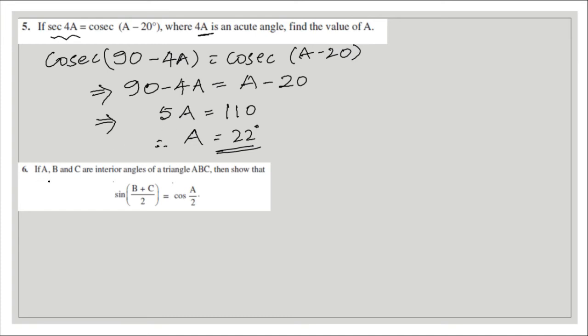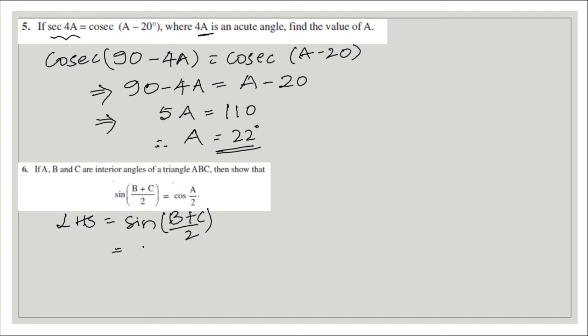Sixth question. If A, B and C are interior angles of the triangle ABC, then show that sine of (B plus C) by 2 equal to cos of A by 2. Now let me consider the left hand side. The left hand side is sine of (B plus C) by 2.